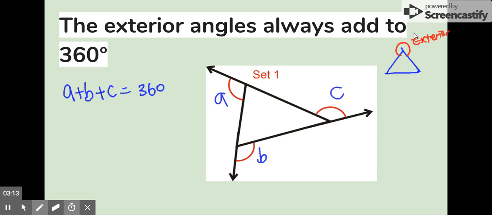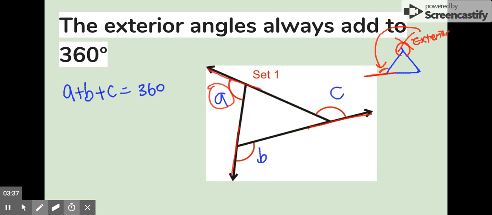To find an exterior angle, you need to extend the side. You have to extend the side, and then the angle between these 2 lines is going to be exterior. You see the line is extended, the line is extended, the line is extended.